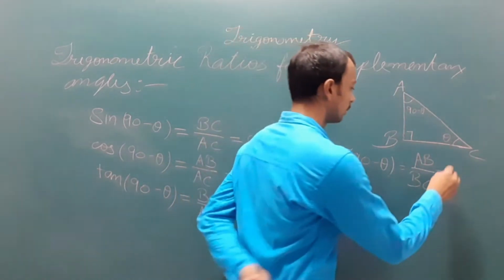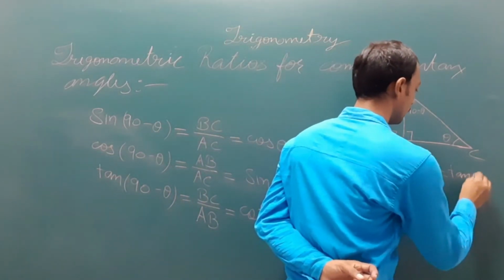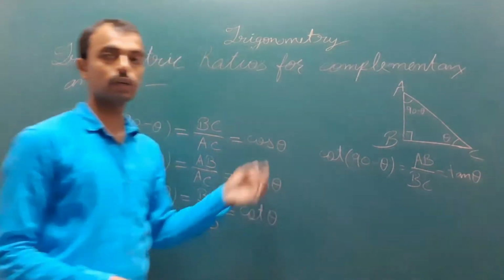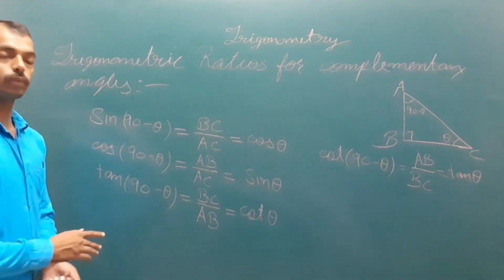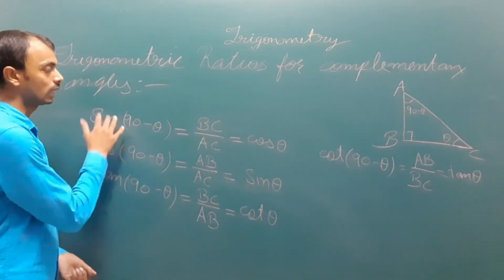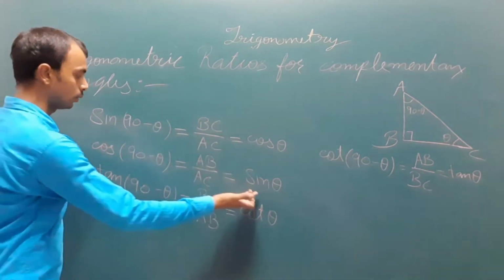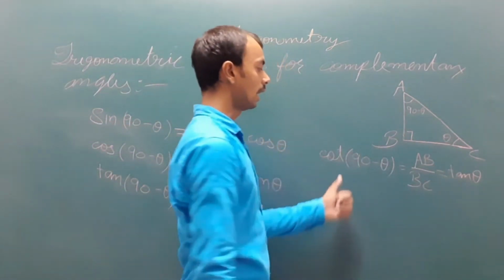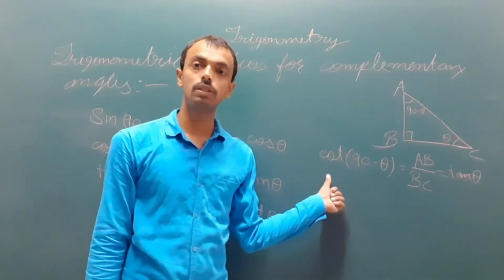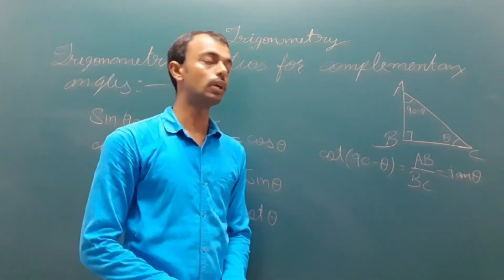So this is equal to tan of theta. That's what I told you earlier: if I am adding or subtracting something from 90, sine converts to cos, cos converts to sine, tan converts to cot, cot converts to tan, and we will see further that sec converts to cosec and cosec converts to sec.